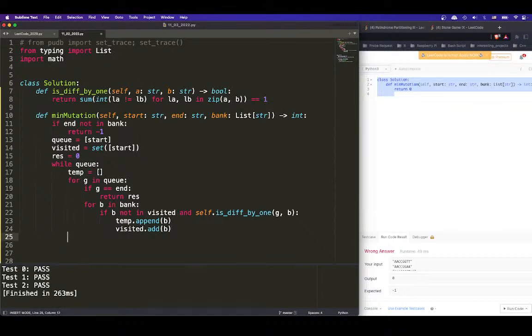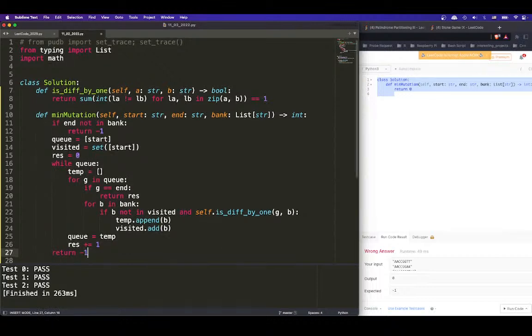I'm too lazy. And then we say q equals temp, res plus equal 1. And then we visit this, and if we come out, then we're going to return -1. That basically just means we cannot do it.